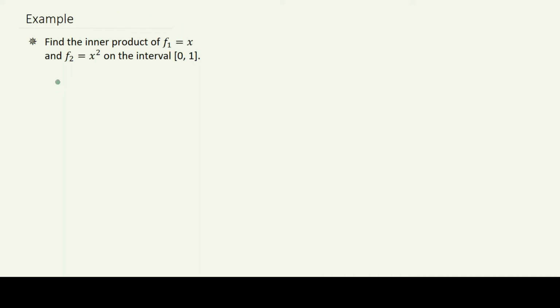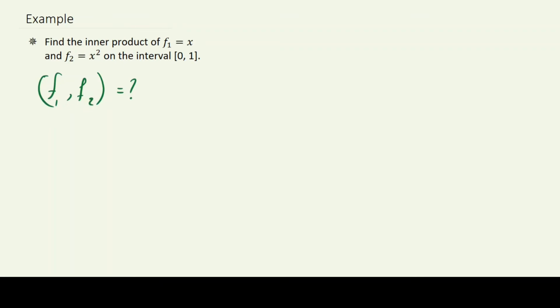Now let's take a look at a very simple example. We have two functions, f1 equals x and f2 equals x squared on the interval 0 to 1, and we want to find the inner product of these two functions.